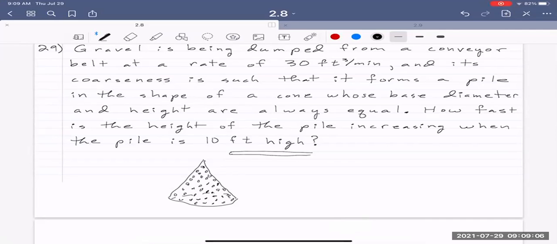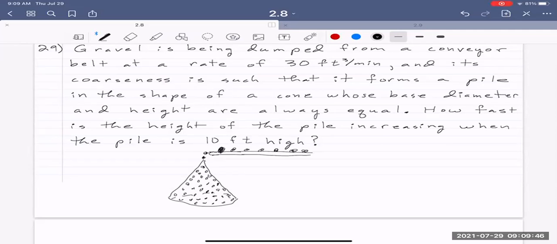The conveyor belt's got to be further on, or it won't make it. These pieces of gravel are on the conveyor belt, and they fall off onto the ground, but they never get there because they now have this huge cone that's being created.